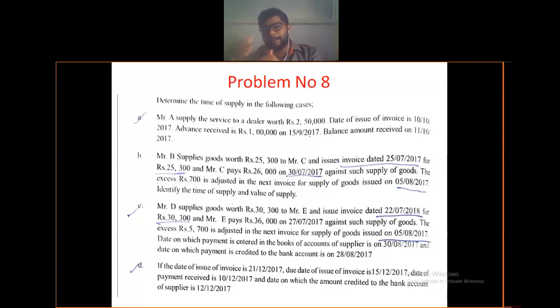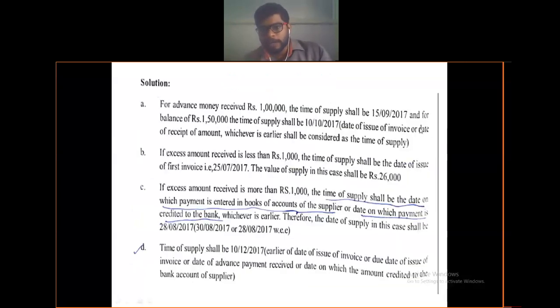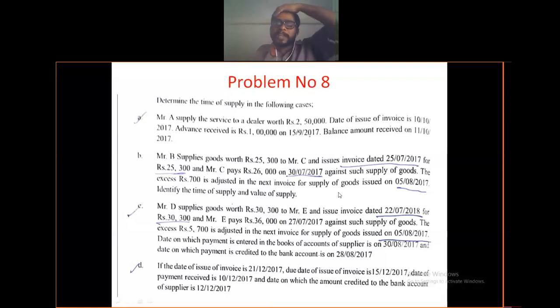Both the things you have to compare, and whichever is earlier is considered as time of supply. 10th October and 11th October. So earlier is 10th October. Therefore, time of supply is 10th October 2017. Underline: for the balance amount, 10th October 2017; for advance amount, 15/9/2017.